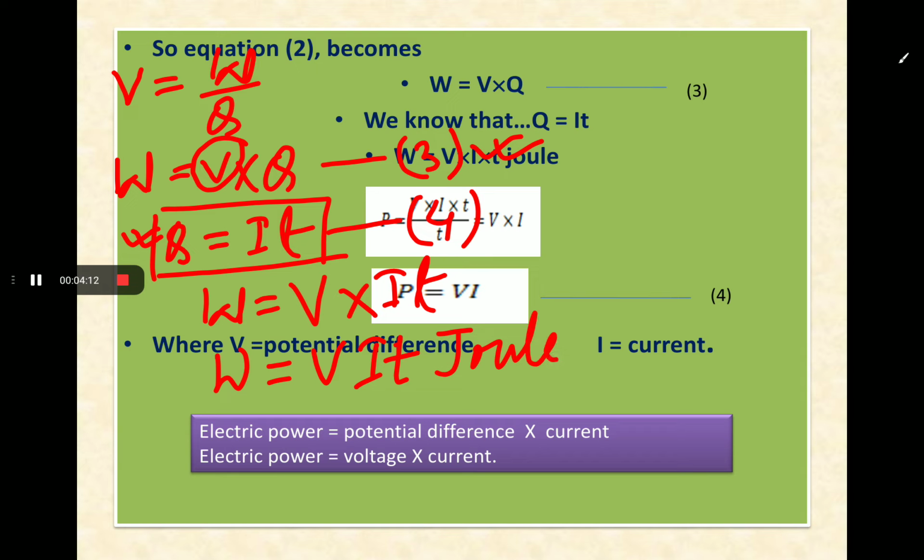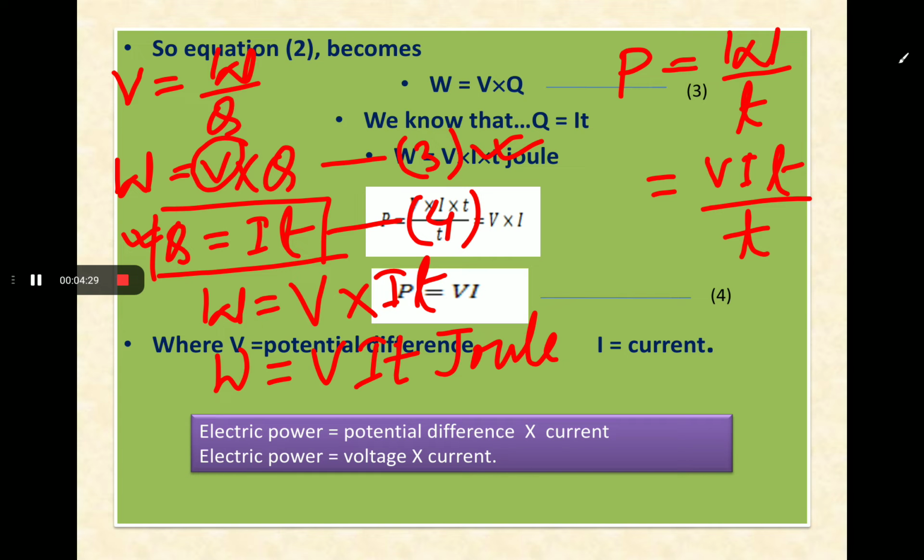Now, we have to calculate the power. We know that power is equal to work done by time. Here, work done is equal to VIT, and in the denominator T. So, T is cancelled out and it becomes VI. So, the expression for power is equal to VI.